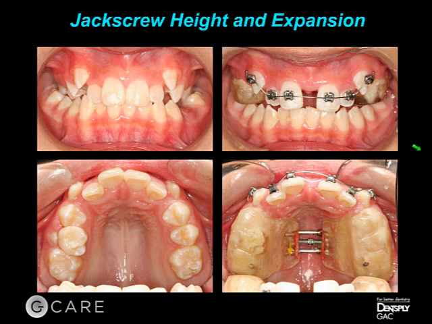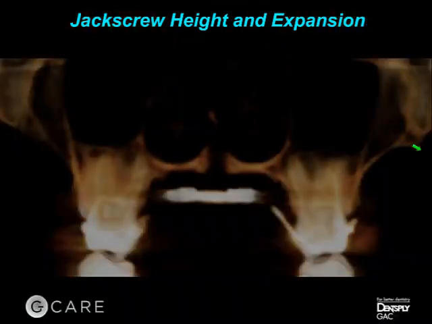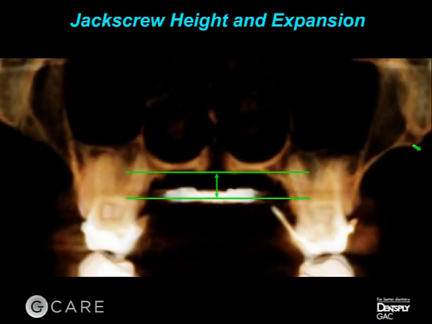And we looked at what we did. If we look at the post-expansion result, this was as high as we could make it, because this is all palatal mucosa in here. What effect does varying this jack screw distance to the maxillary suture have on the amount of expansion that could be done?